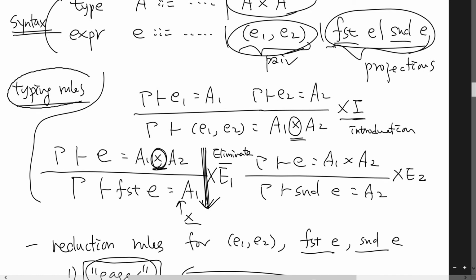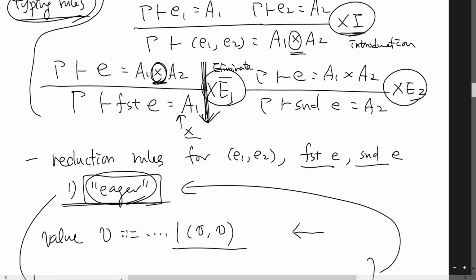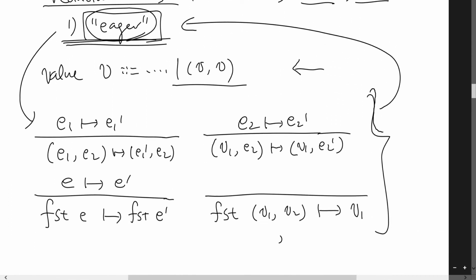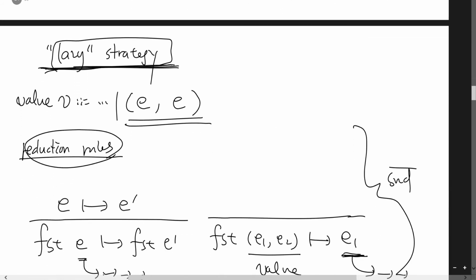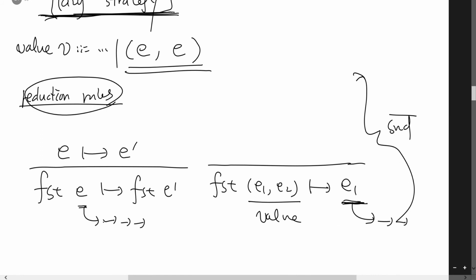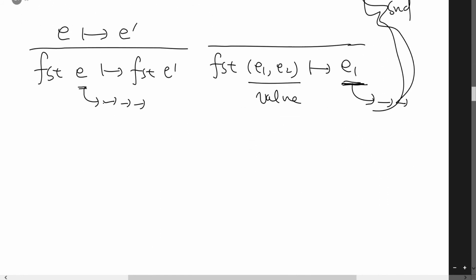And for typing rules, we have this product type introduction rule and product elimination rules. And for reduction rules, we can choose either the eager strategy, in which case we have these reduction rules, or we could choose the lazy strategy, in which case we have these reduction rules.